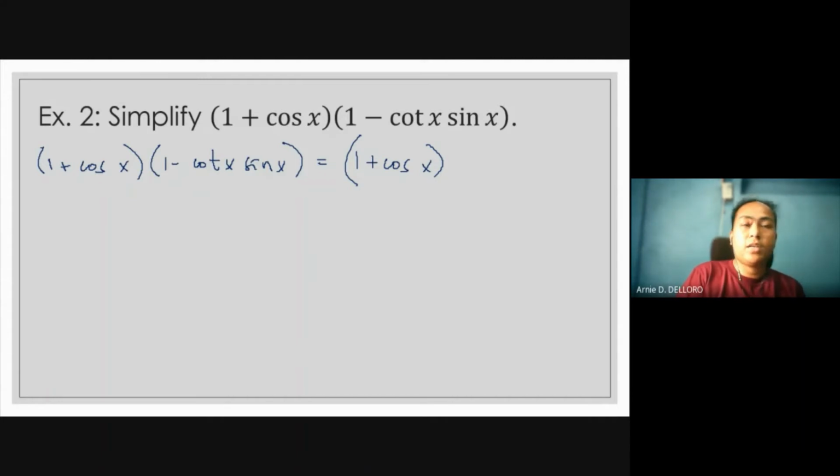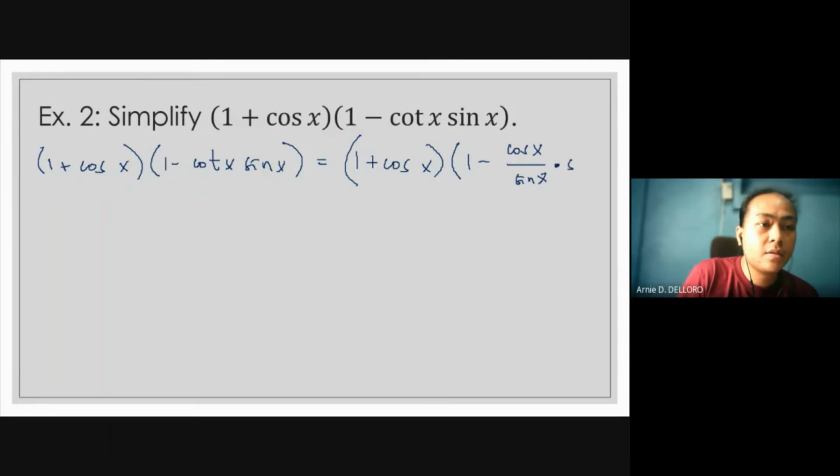Yung cotangent, pwede natin siyang i-simplify using the quotient identity. So we can rewrite the factor 1 minus, yung cotangent, pwede natin siyang isulat as cosine x over sine x, times sine x.